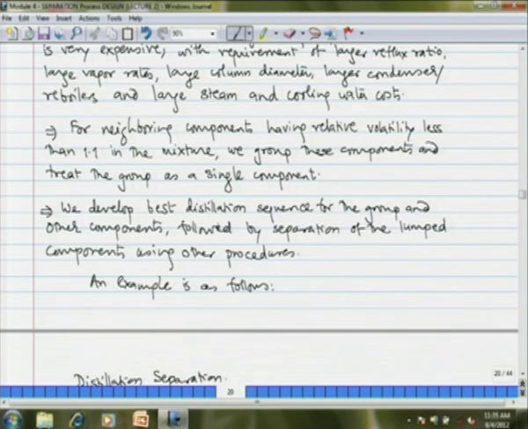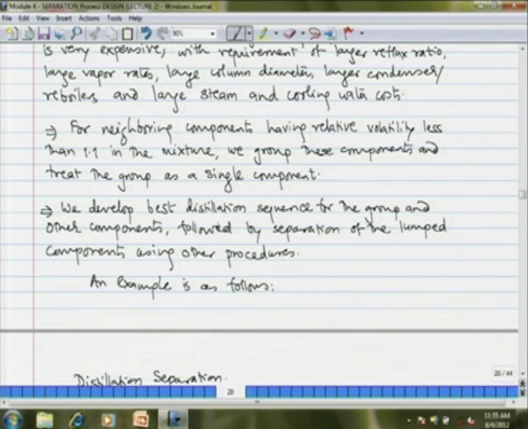A typical rule here is that for neighboring components having a relative volatility less than 1.1 in the mixture, group the components and treat the group as a single component. So, this is a sort of rule, or you can say heuristic. It may not be applicable every time, but this is what designers or engineers usually do.